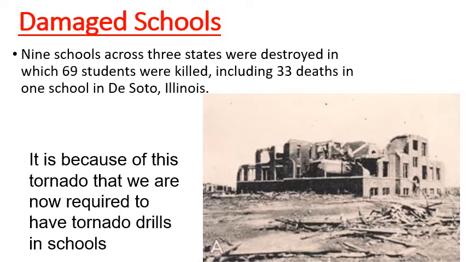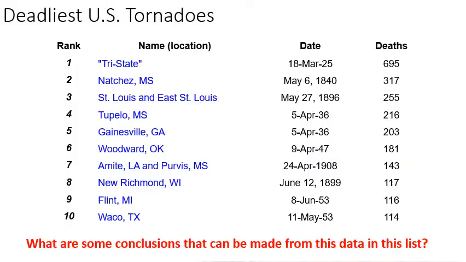In addition, new rules were passed that schools had to be built to a higher standard. They had to be built to withstand tornadoes, because it's one thing if your kid gets killed in your own house. But if you are going to make me send my child to school, I'm going to demand that you keep them safe. So it was a radical change in thought in terms of school safety, especially from tornadoes.